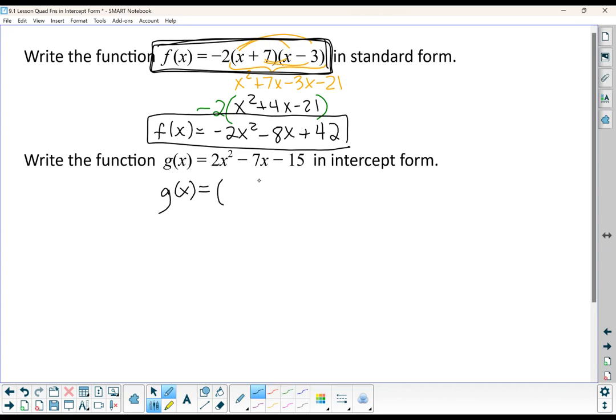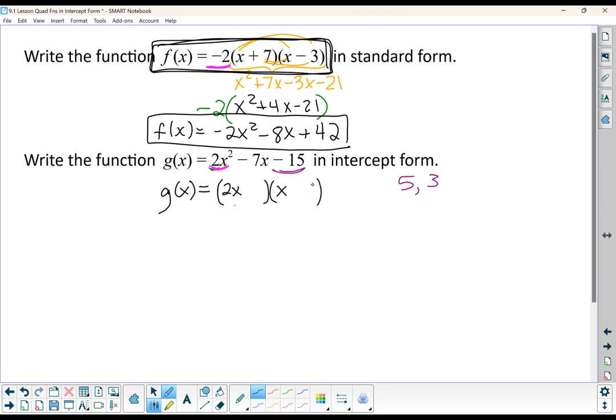So in this case, sometimes when we have a coefficient like this 2 in front, that can be factored out, like the one above had that negative 2 factored out. But in this case, we can't factor out the 2, so we're going to leave it with one of the x's. So for the negative 15, we start with that 2x squared, split it up as a 2x times an x. Now we need to think about that negative 15, so I'm thinking we're going to use a 5 and a 3.